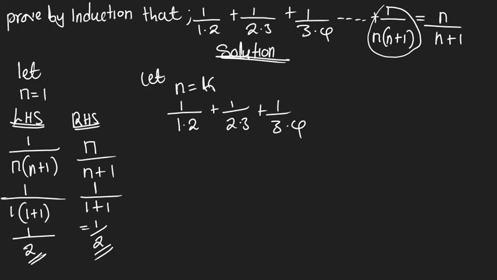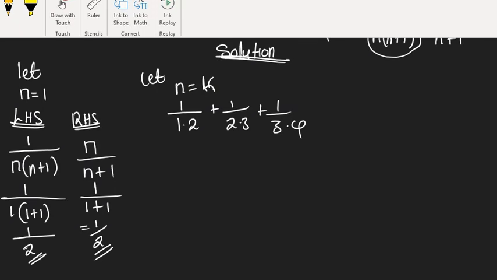I said there are 3 steps to understand that you should know. The first one, your n should equal 1. Your second one, your n should equal k. The third one, your n should equal k plus 1. For the first one, you are just proving.